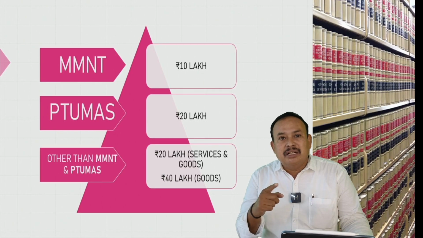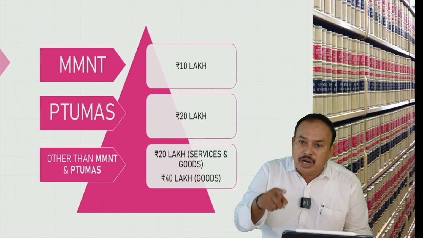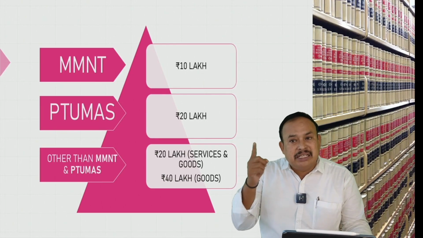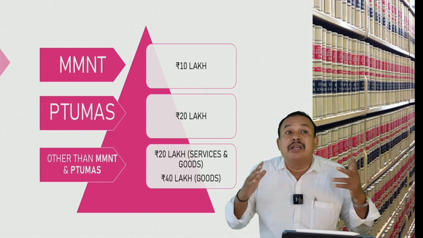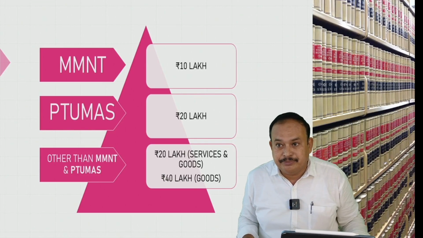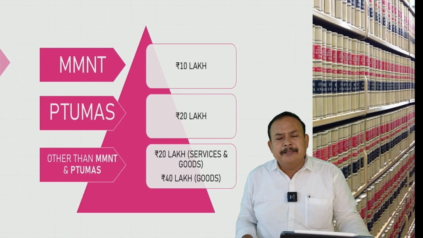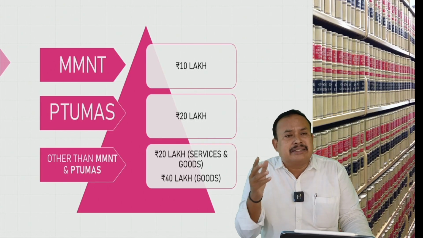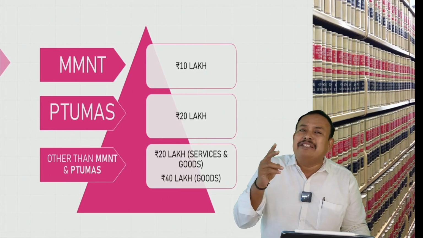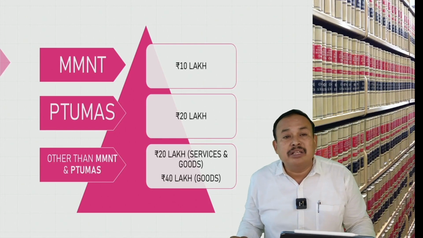Together, turnover of the Tamil Nadu, turnover of the Kerala, together for you, 20 lakhs. Aggregate turnover means that. Further, sir, I am dealer, sir. I have place of business in two states, sir. What are the two states?